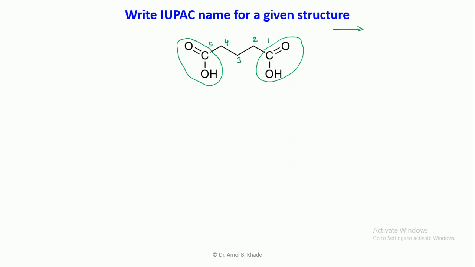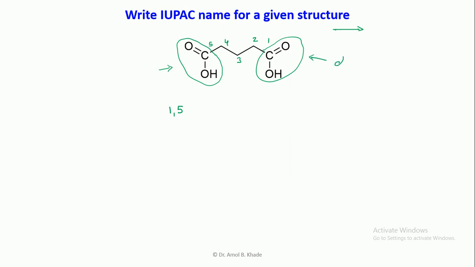So here the 2 carboxylic acid functionalities are present. So how can we name it? We can write the locants or the primary prefix. So at carbon 1 and 5 we have the carboxylic acid, and it is a pentane. So E will go and it will be oic acid, but you should remember there are 2 carboxylic acid functionalities.